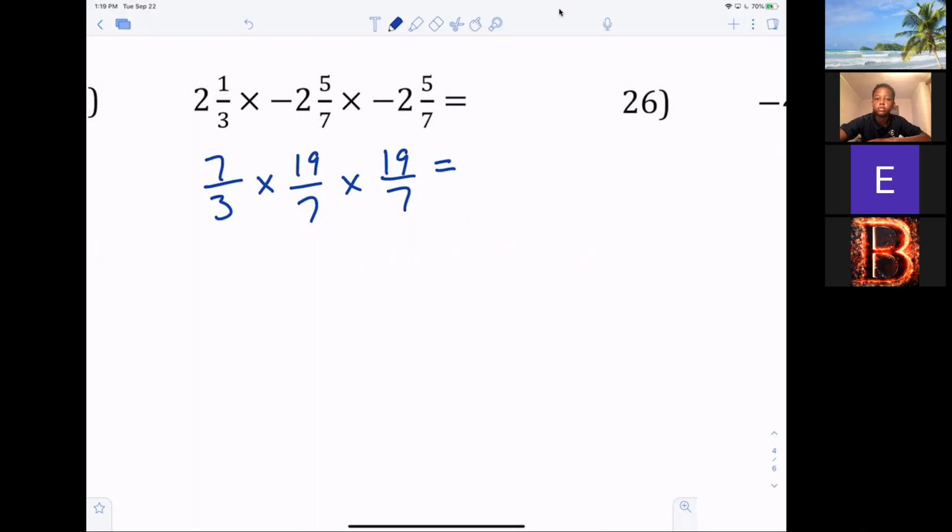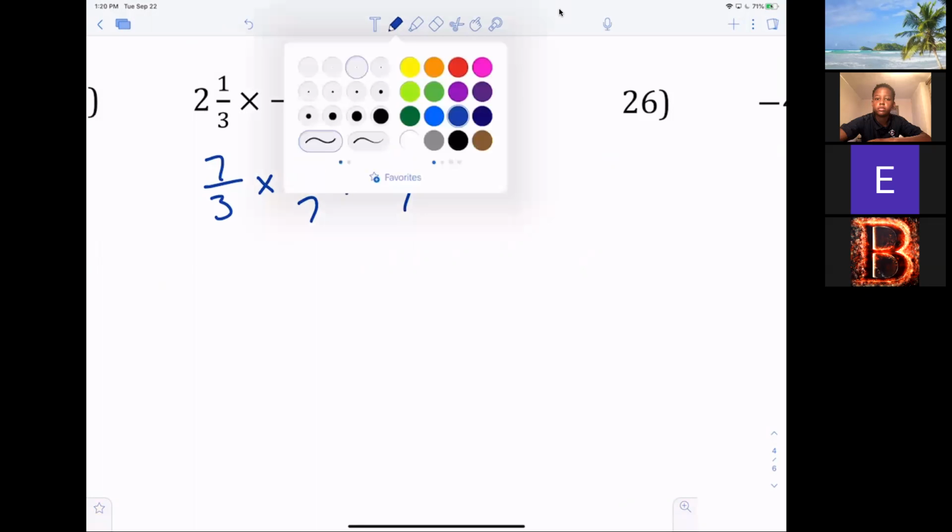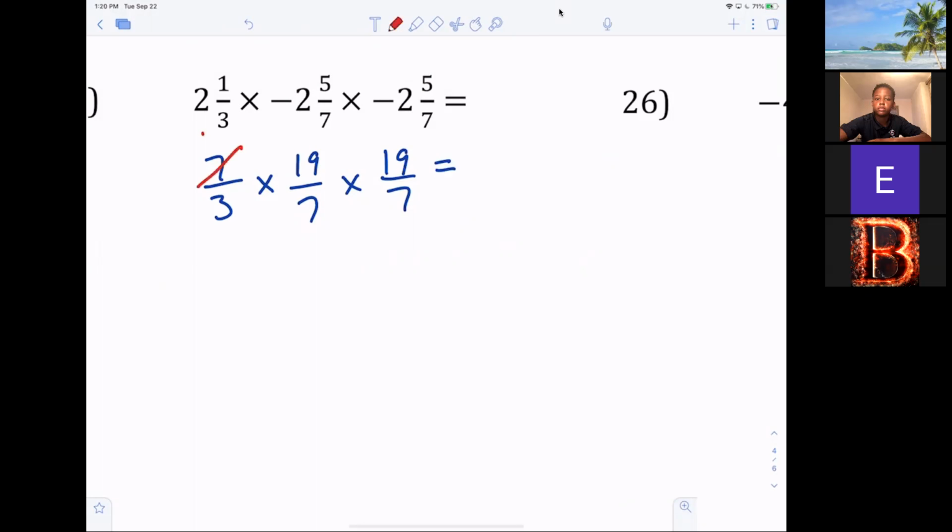Negative. Why? Because there's 2 negatives. Positive. Yeah, 2 negatives always make a positive. Very good. 7 goes into 7 once. Go to 2. And then 19.